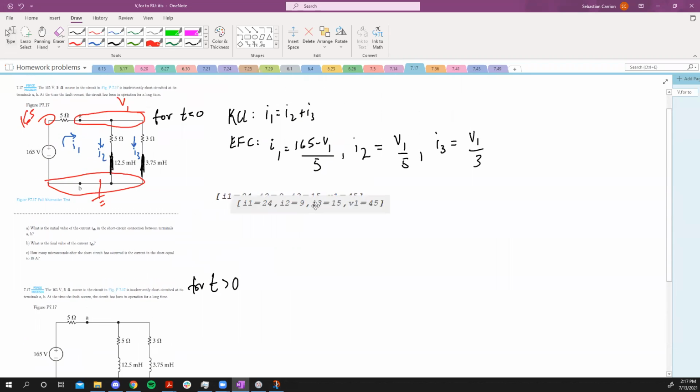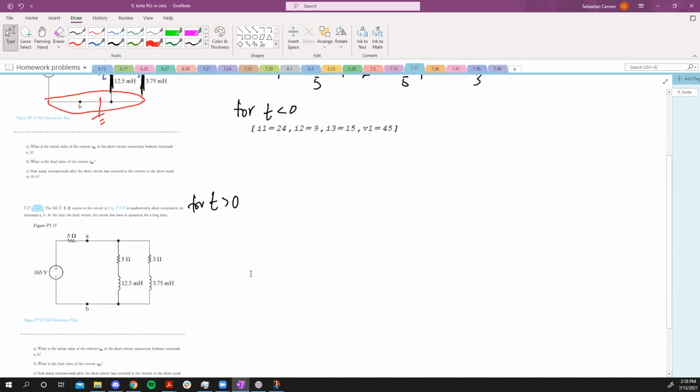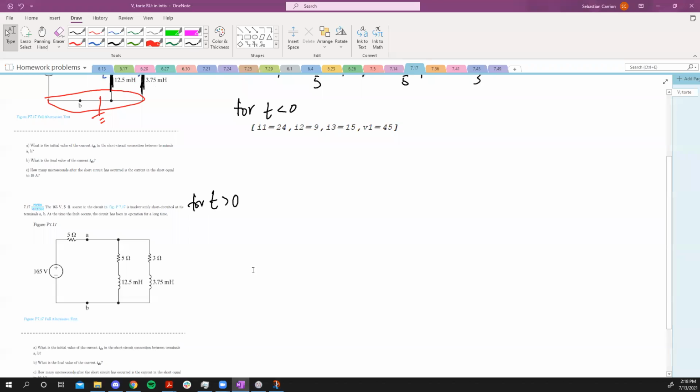Now this is for time less than 0. Now we want to do for time greater than 0, so I'm just gonna redo this circuit again.